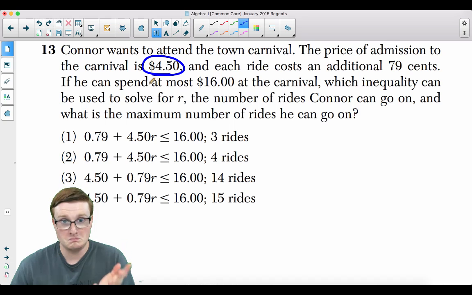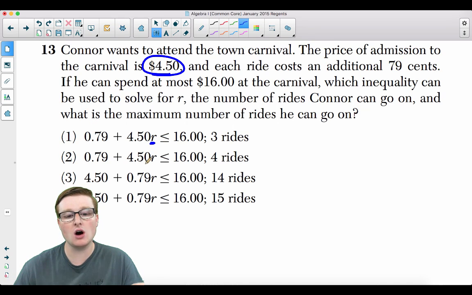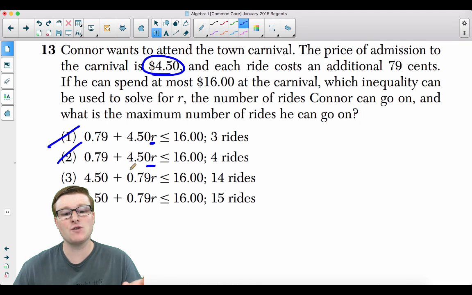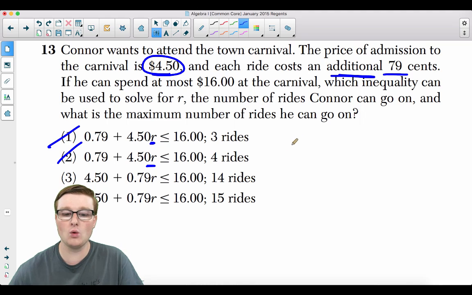It should be just a constant. If you're looking at choices 1 and 2, the R values are next to the $4.50, which makes no sense. The $4.50 has to be alone. The 79 cents has to be multiplied by the R, because it's 79 cents per additional attraction that he goes on. So we're looking for one of these answers right here.